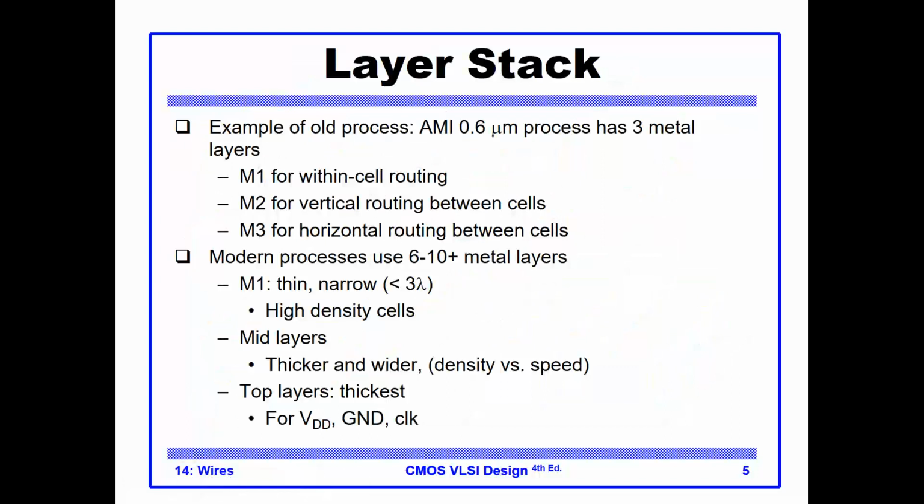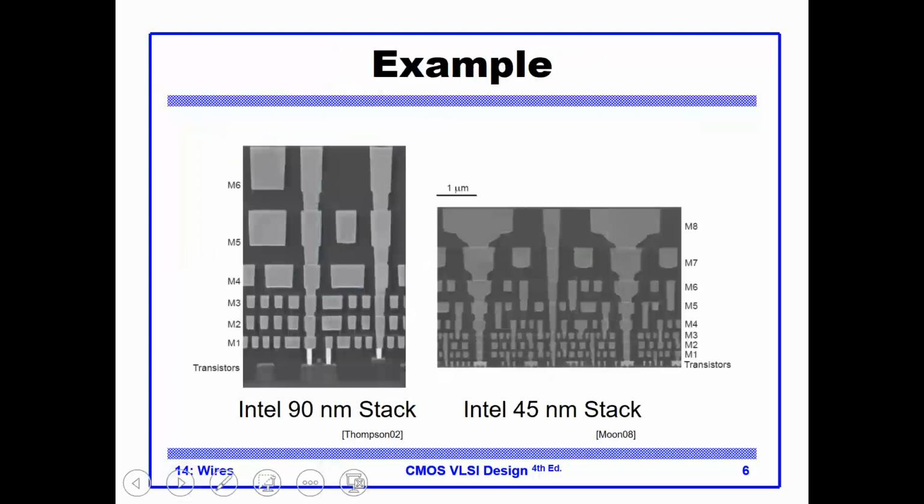Now, in old processes, we used to have 3 metal layers or even less, and in modern processes, metal layers are more. If I use the next slide, you can see here for the 90 nanometer process, we have metal layer 1, 2, 3, 4, 5, 6.